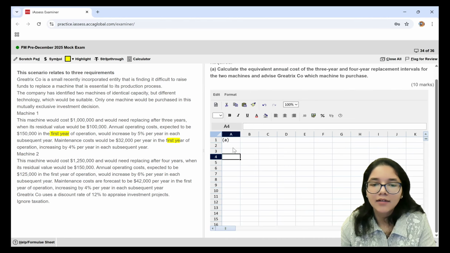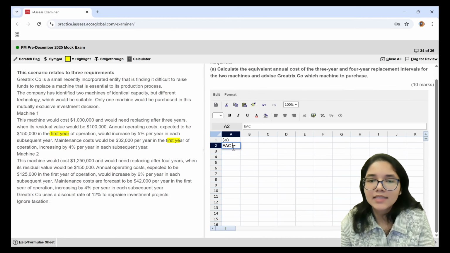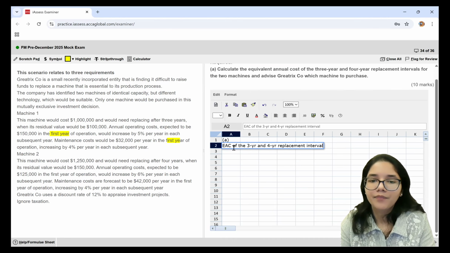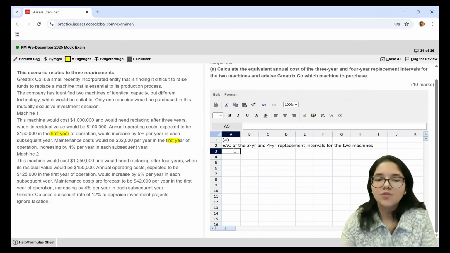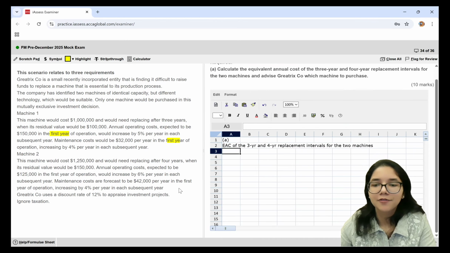So we'll say that here we are working around the EAC of the 3-year and 4-year replacement intervals for the two machines. So this is what I start off my answer with.